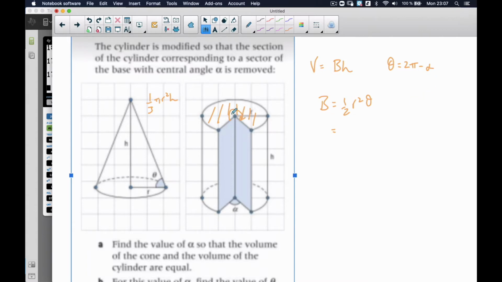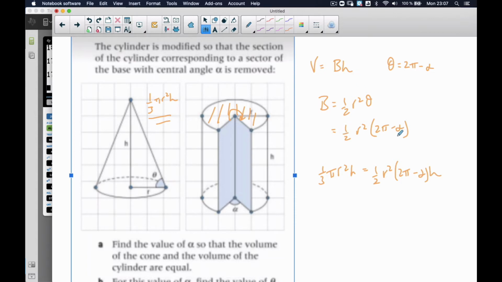That's what this area here is. And so my base area is going to be half r squared (2 pi minus alpha). And so now this volume of 1/3 pi r squared h is going to equal the base area, 1/2 r squared (2 pi minus alpha), times h as well.